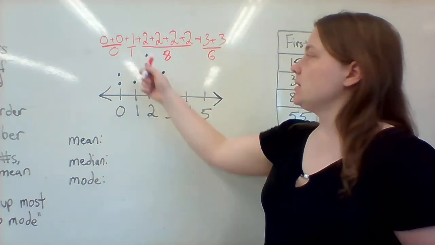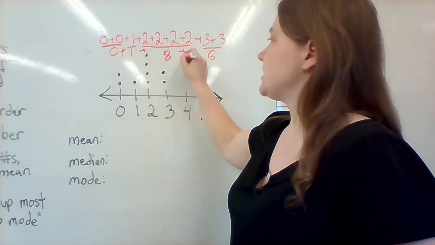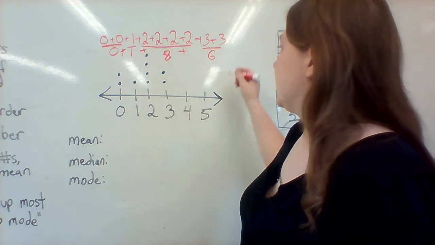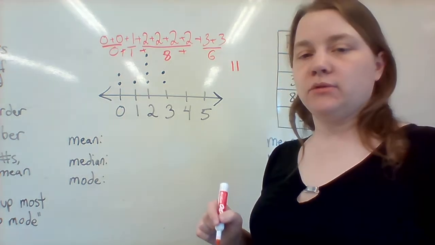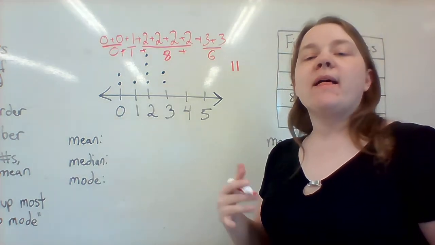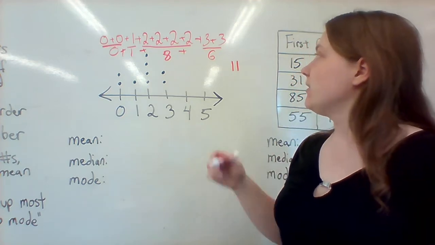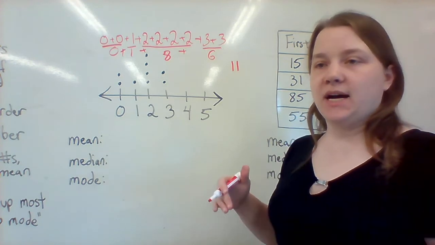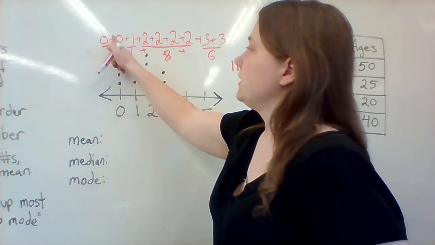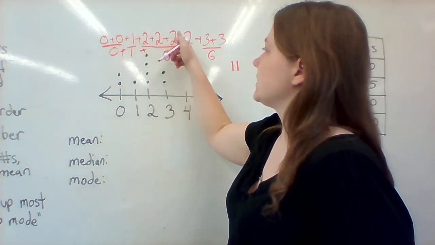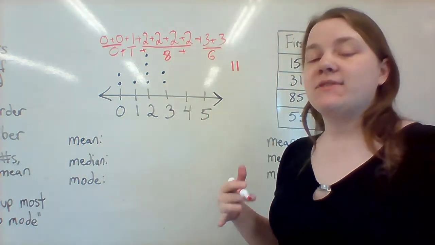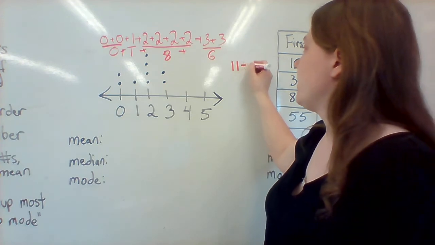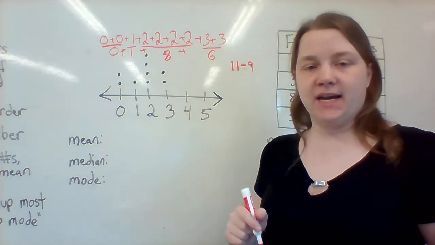So we add up 0 plus 1 plus 8 plus 6, and we get 11. So my total right now is 11, and then I want to take that 11 and divide it by how many numbers I added up. So 1, 2, 3, 4, 5, 6, 7, 8, 9. I've added up 9 different numbers. So I'm going to take that 11 and divide it by 9.